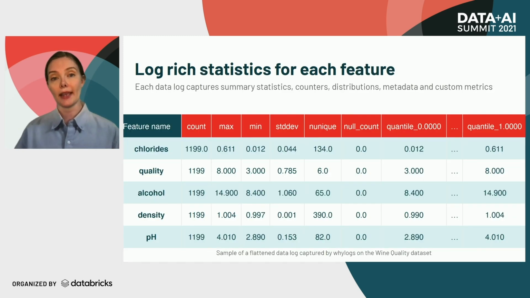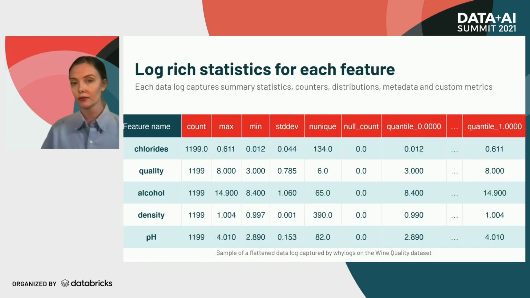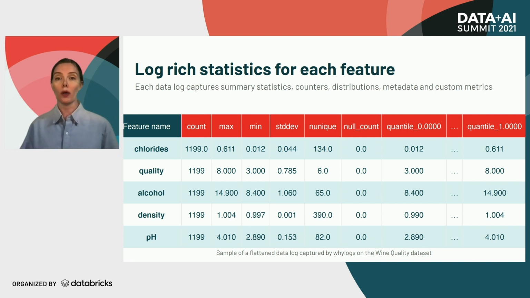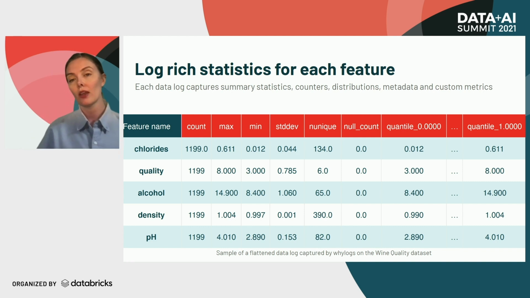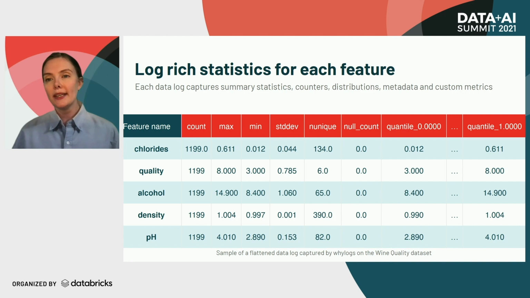So here's a sample partial output of YLOGS on a wine quality dataset. YLOGS captures key statistics per feature, things like counts, distinct counts, top key values, summary statistics, and detailed histograms. The default configuration infers the schema and calculates about 30 metrics per feature.